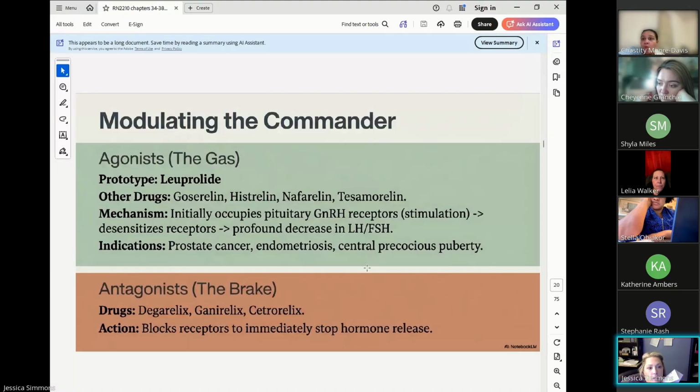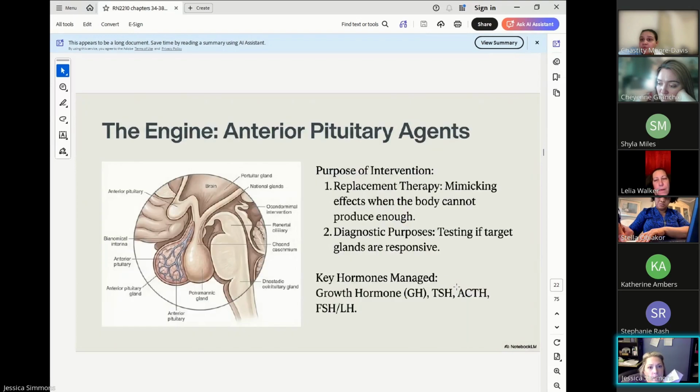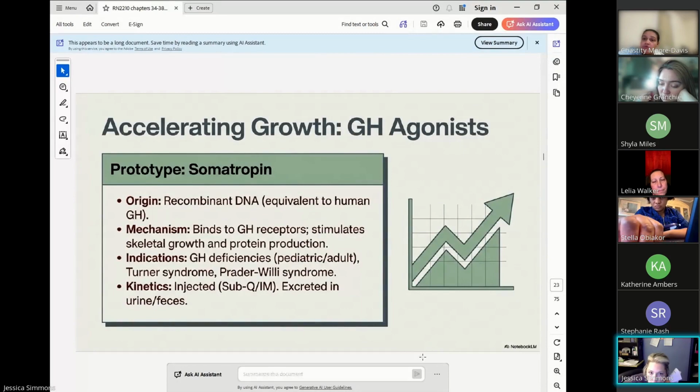This is looking at the drugs a little bit closer. I don't think that either one of them is bad. I think the bigger ones are just going to help you hone things in after you've understood what's actually happening. So understanding the growth hormone, why are we using somatotropin? What is it for? And then what do we need to teach?